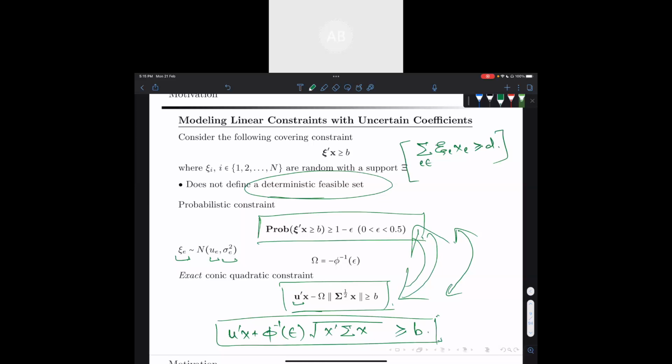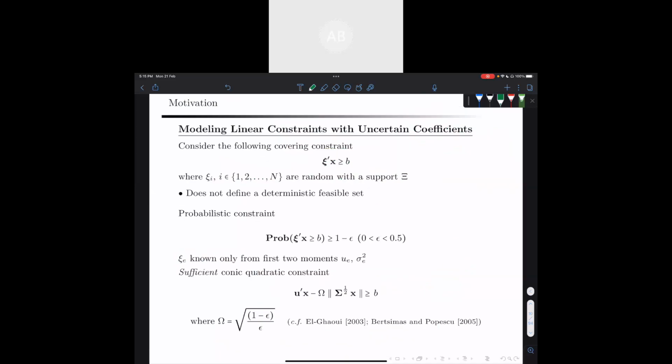Now, what is interesting is that here, even though we assumed that psi is distributed normally, it turns out that even if that is not the case, so even if you don't have any information about psi, it's quite possible that you know your psi empirically only through the first couple of moments.